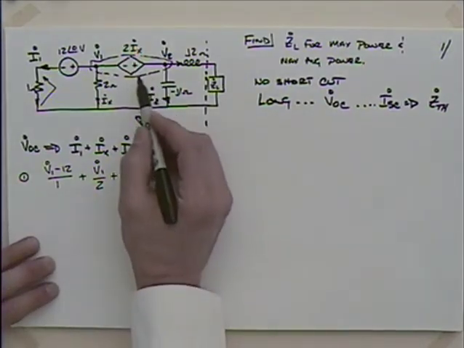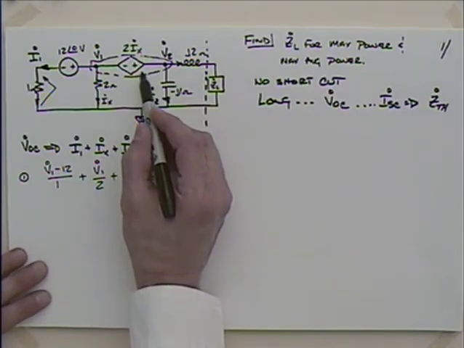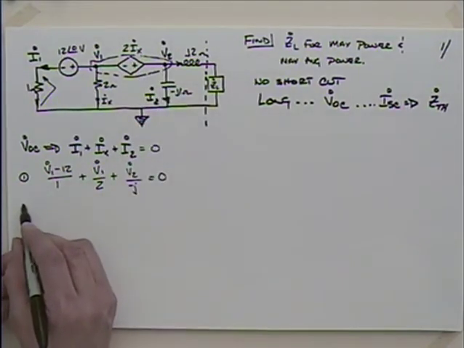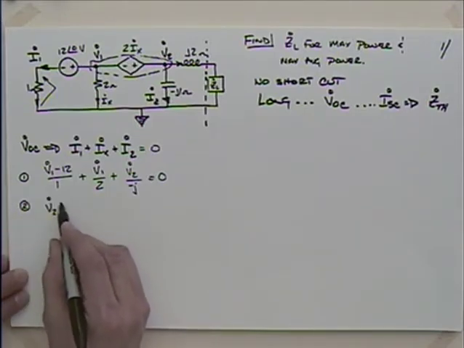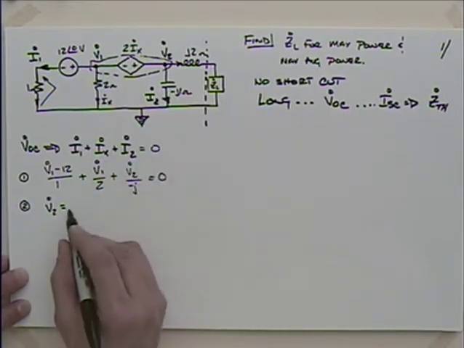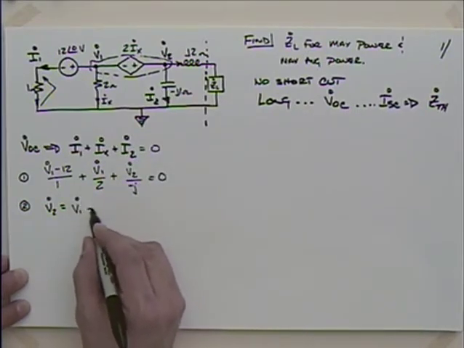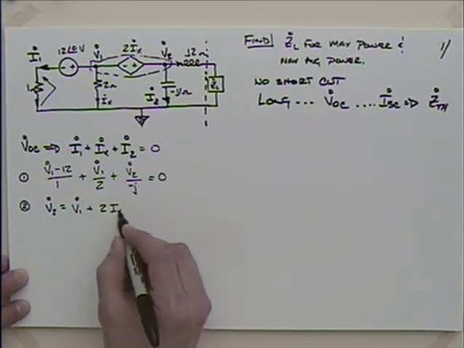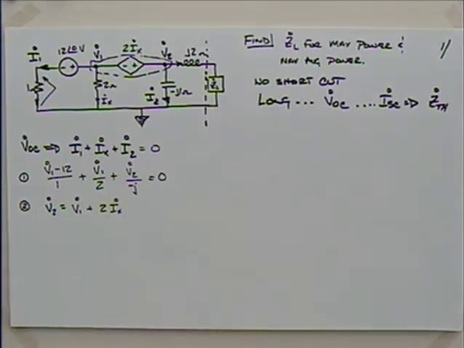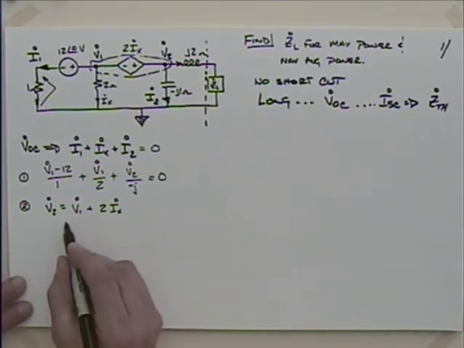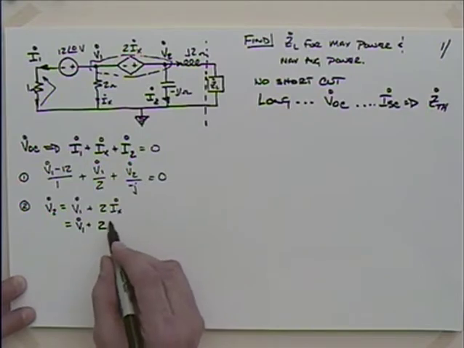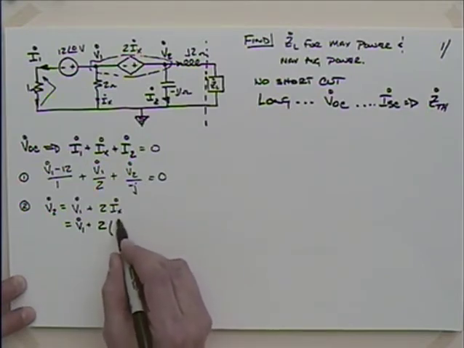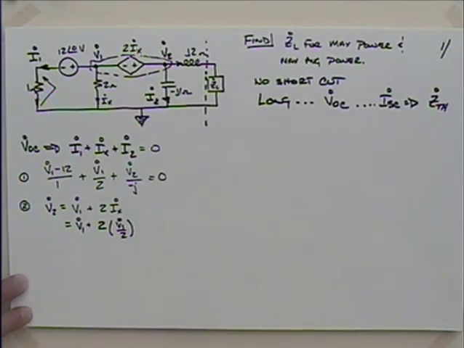Well, there's always another equation when we use a supernode, isn't there? We could say that the second equation is that V2 is going to be equal to what? I could say that's V1 plus 2 Ix. Is that right? Which would be V1 plus 2 times what's Ix? V1 over 2. Okay.